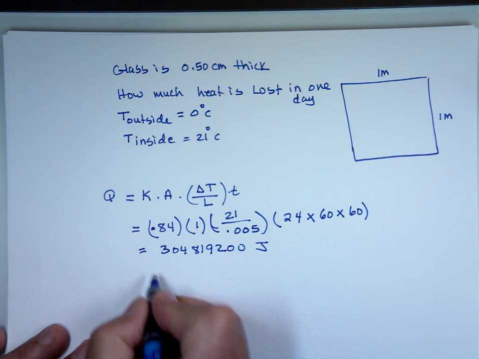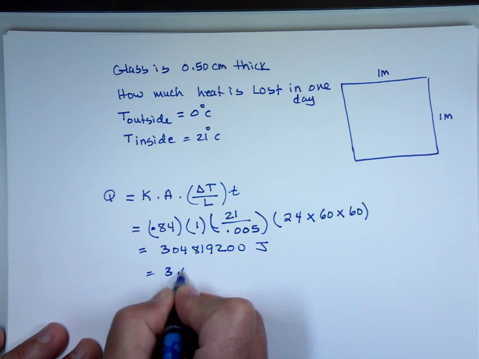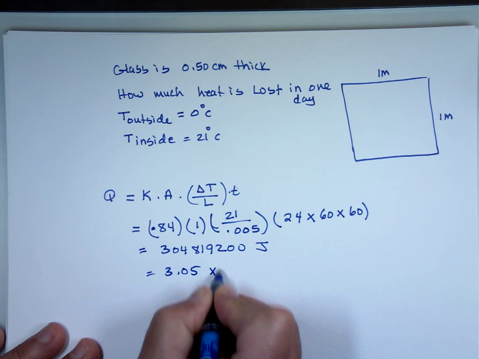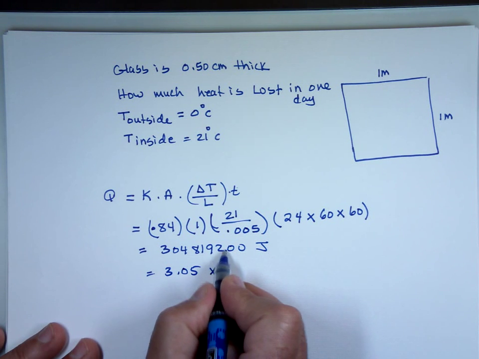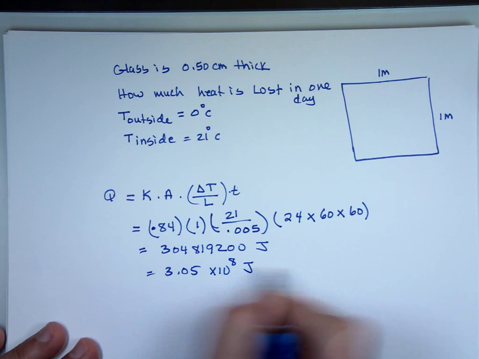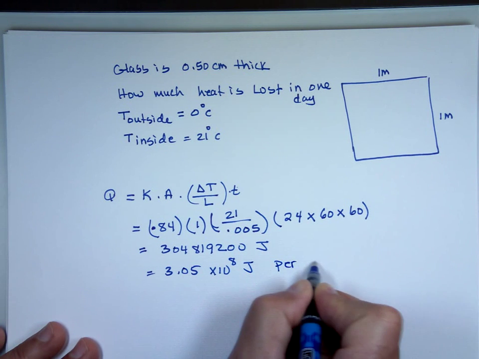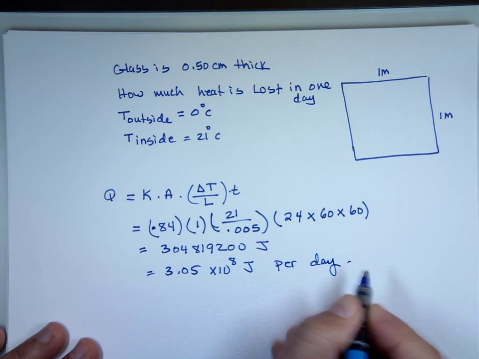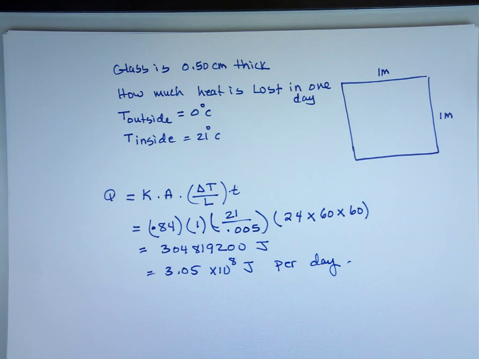Roughly what? 3.05 times 10 to the power 8 joules per day we lost. That's how much heat. One window.